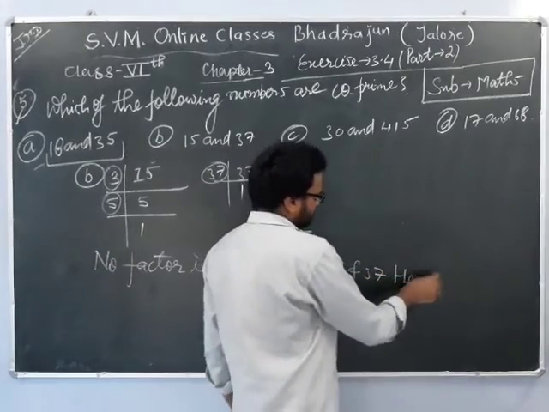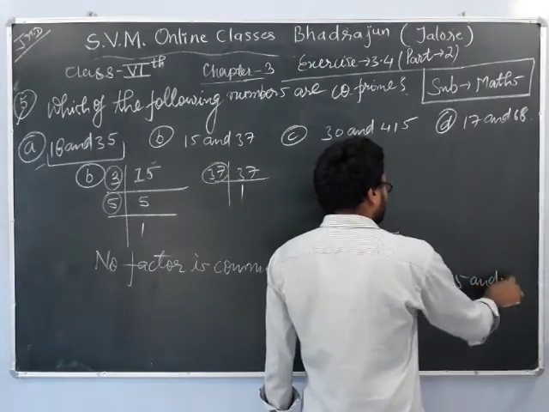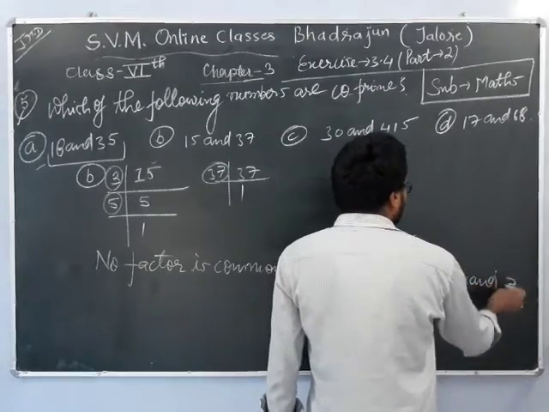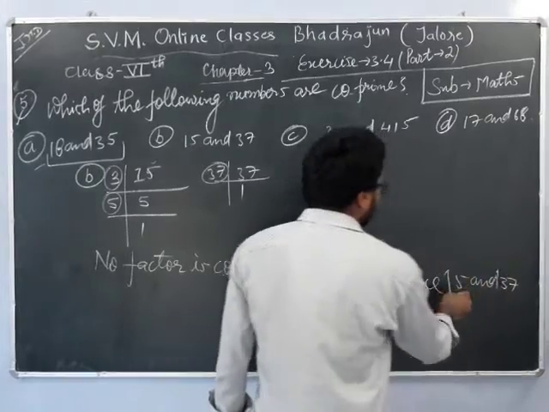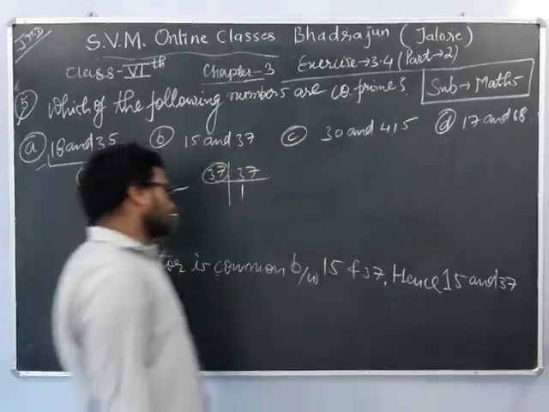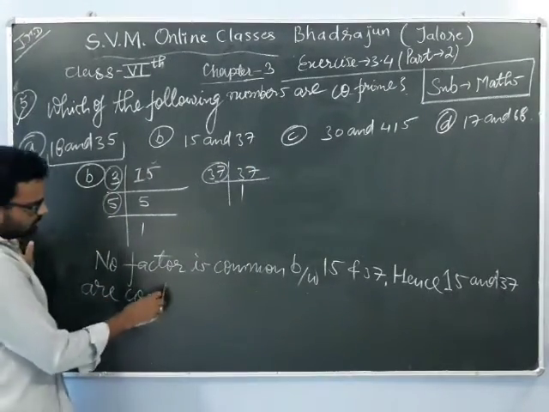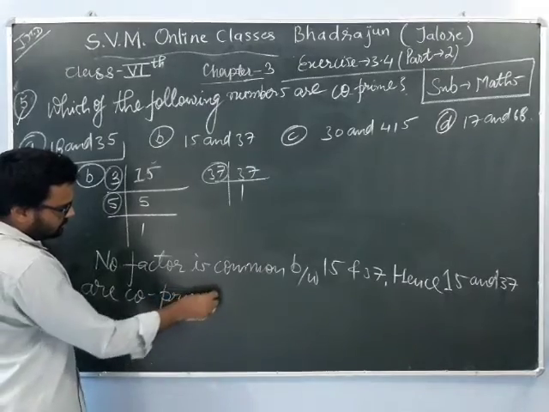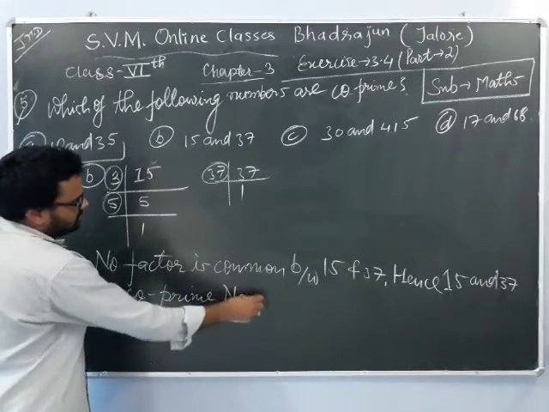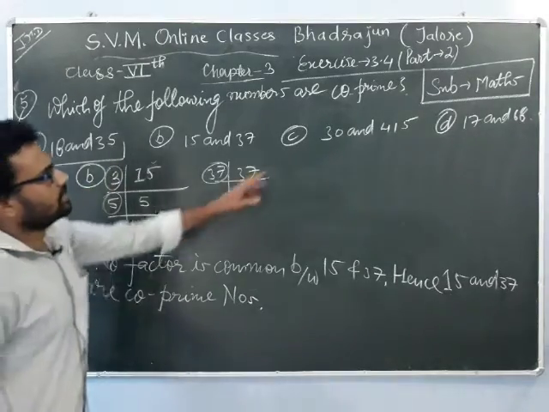Hence 15 and 37 are co-prime numbers. Okay. So now we will go for our part C.